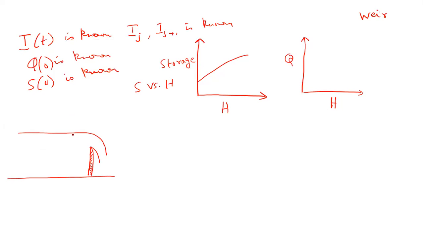If I know this height h, we derived some expression that q is proportional to h to the power 3 by 2. Okay, if you go back into your notes from the previous semester, if you still have them, you may be able to find we developed some relationship of this kind. So I think this h power 3 by 2, h power 5 by 2, for the different kinds of weirs, we developed this kind of relationship. So we do know that depending on the height of water, the flow rate will change.